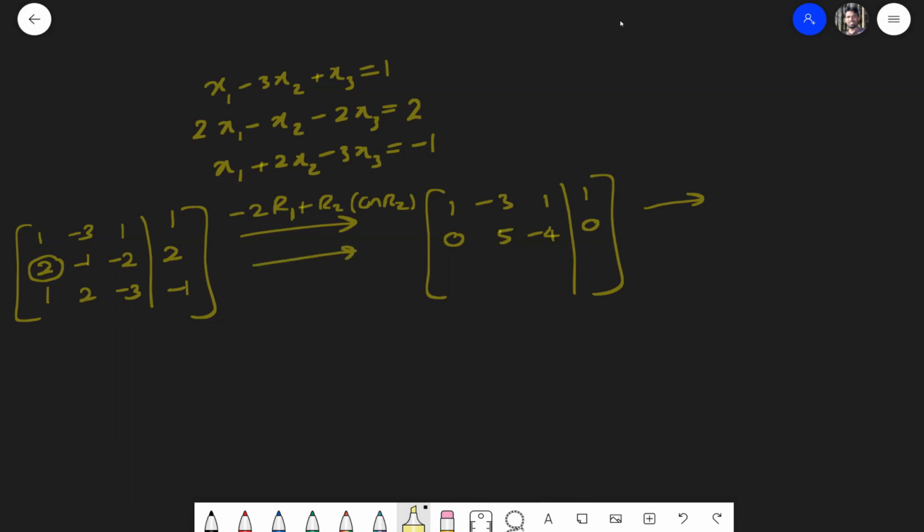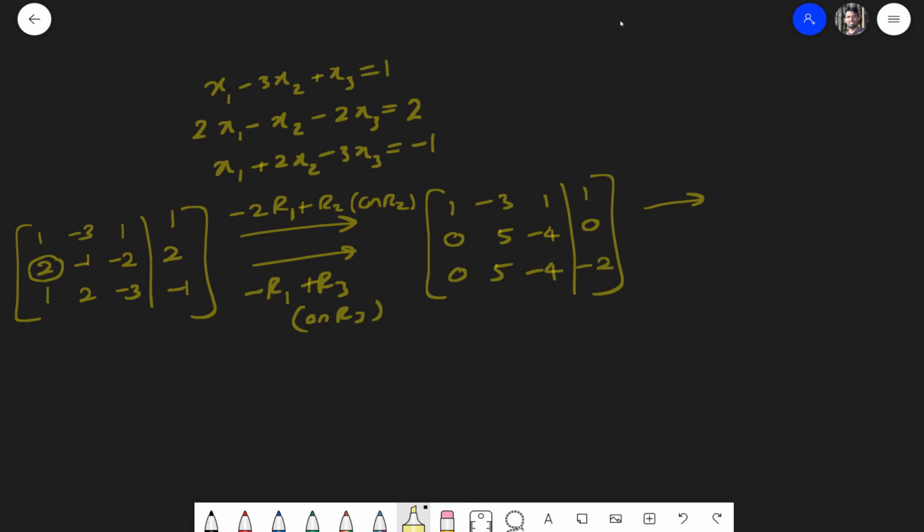You don't have to draw another arrow, but I will do -1 times R1 plus R3 on R3, right? In that case, I get 0 here, and I get 5 here, and I get -1 times, so -4, and -1, and I get -2, right?